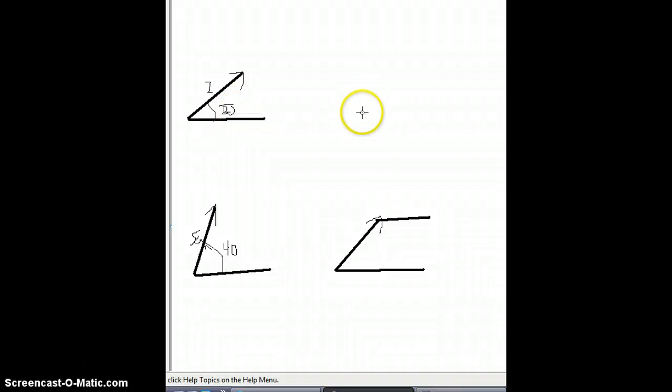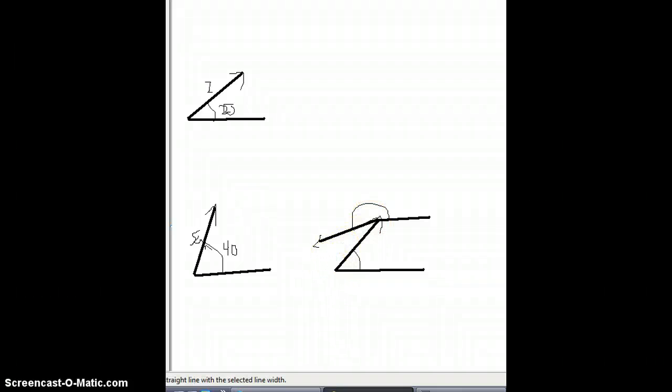So 20 plus 180 is 200. That kind of looks right around there. It should be going basically the opposite way. If you put this vector right next to that one, it should form a straight line like that. And that should be 200 degrees, and that would be 40.